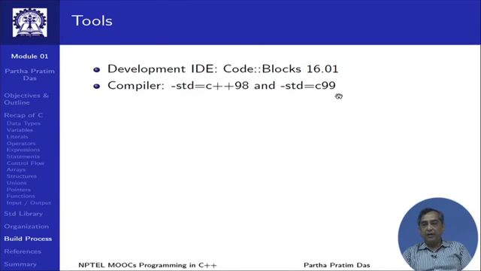Otherwise, the behavior of the programs as we show them and the behavior as you will experience in the IDE will be different. So, always use C99 for C, and for C++ we will use C++98, or in some contexts C++03, and we will come to that.